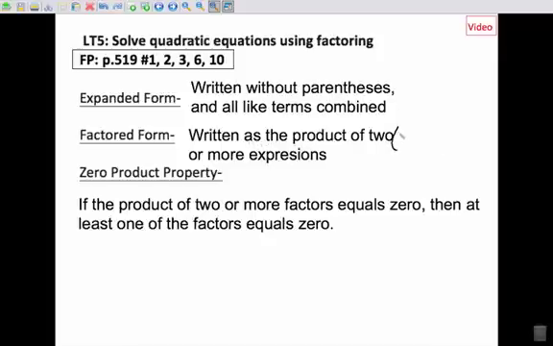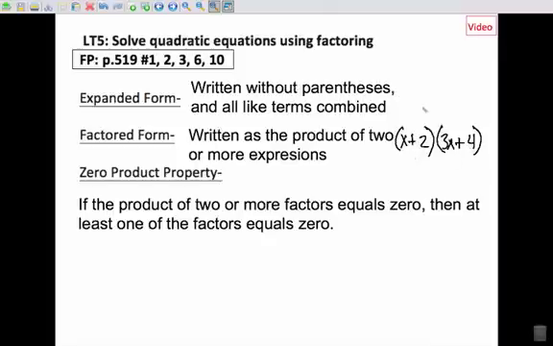So anything like x plus 2 times 3x plus 4 would be written in factored form because it's this expression times this expression. There are 2 factors there.